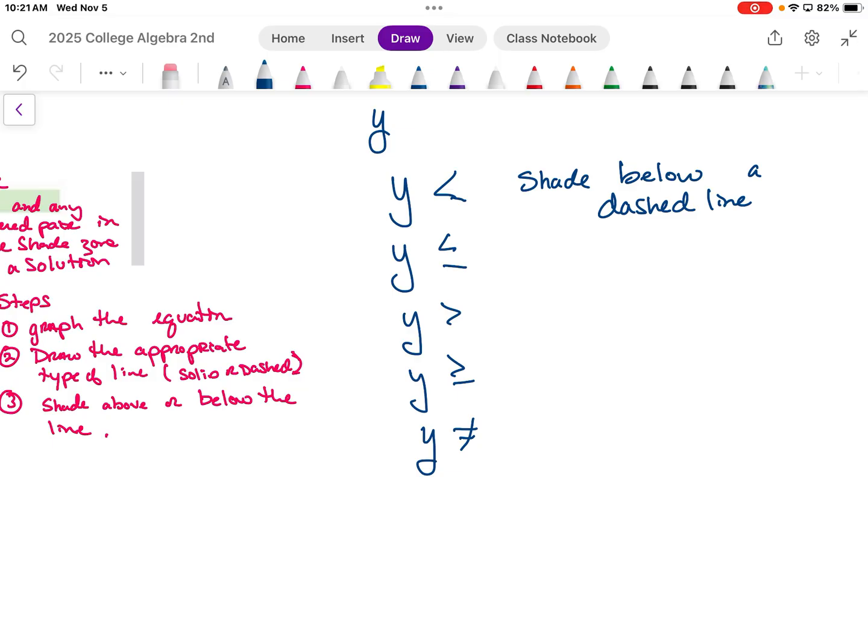Since I'm saying less than, I am shading below. Less than means below. So here we would say we shade below a solid line.